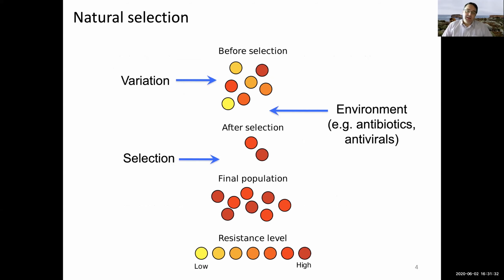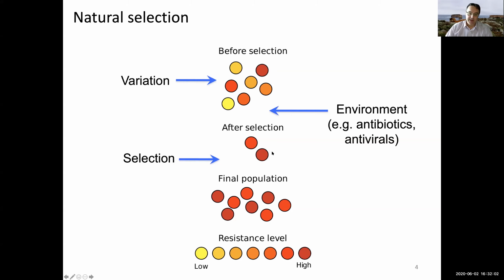Now, this provides a lot of variation for natural selection to work on. I just want to provide a very simple example of natural selection related to drug resistance. So we have a natural amount of variation before selection. The selective environment factor is applied, and in this case it would be antibiotics or antivirals.